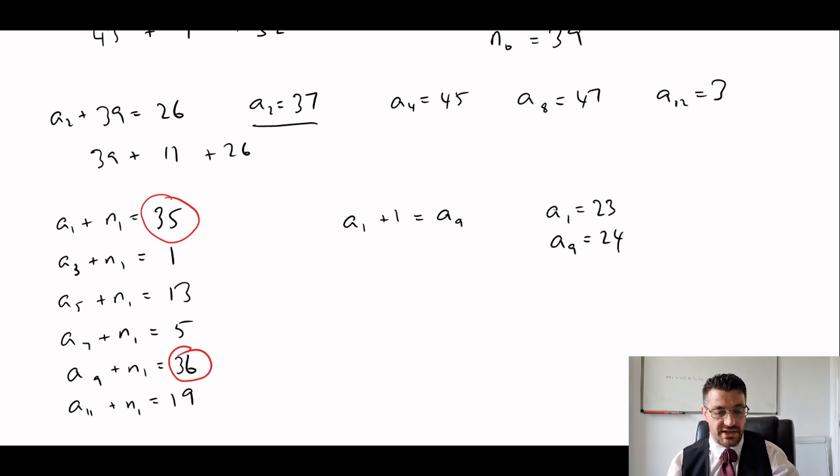So once I know these, then I can figure out the value of N1, for example. So A1, which is equal to 23, 23 plus n1 is equal to 35, again modulo 50, which means that n1 must be equal to 12.